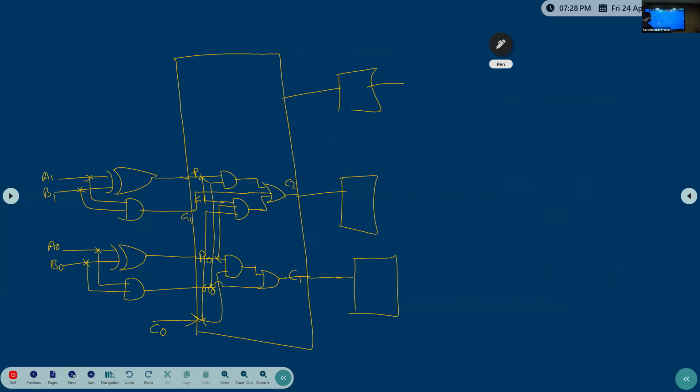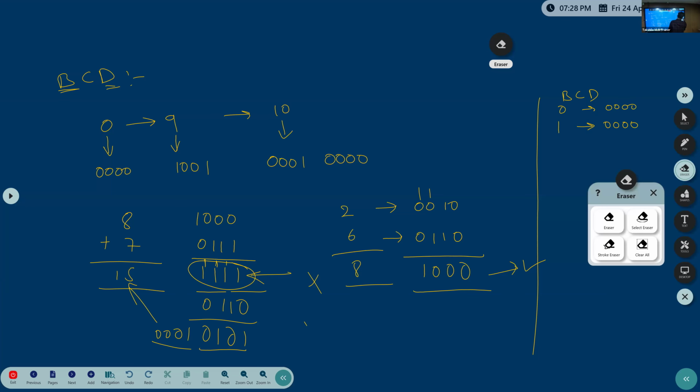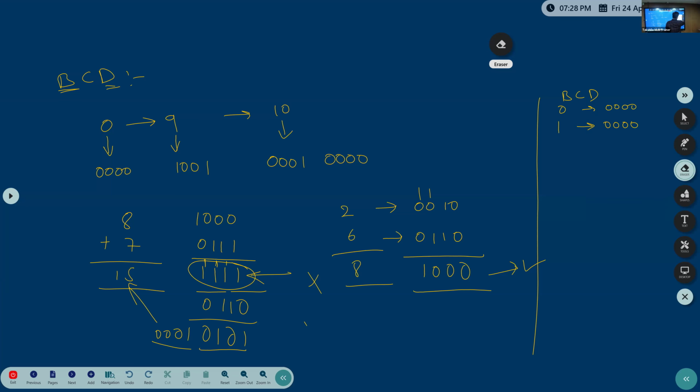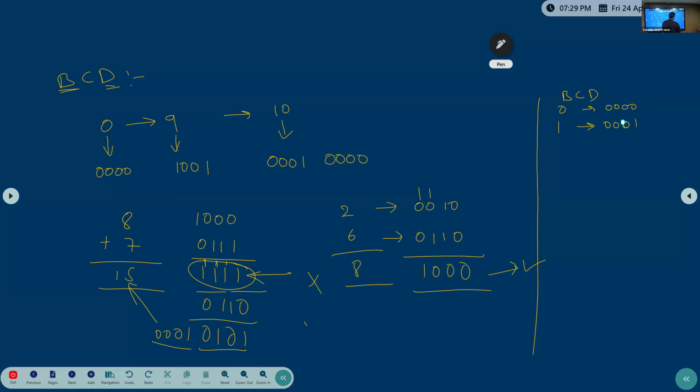Get the truth table of this one first. Write the truth table. BCD truth table. 0 will represent 0, 0, 0, 0. 1 will represent 0, 0, 0, 1.